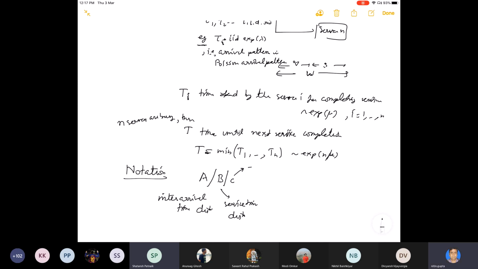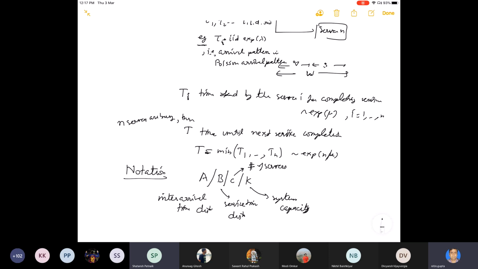And C denotes the number of servers. And capital K denotes the system capacity. If it is not specified, then this is basically infinity.